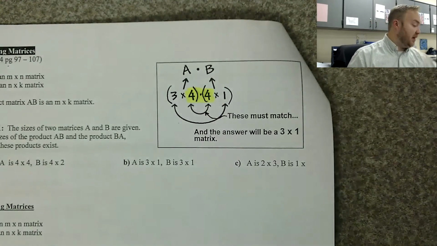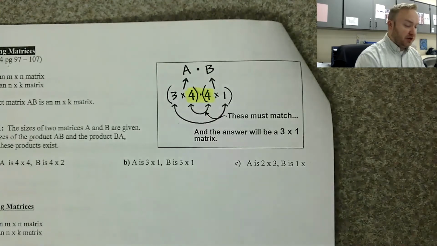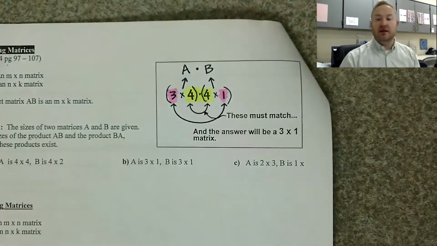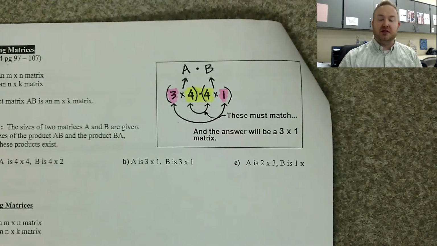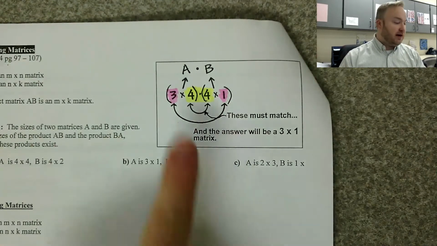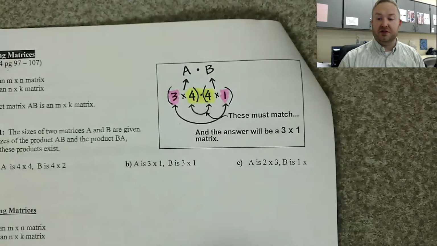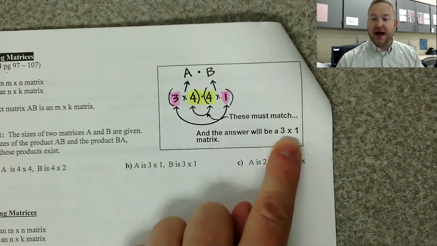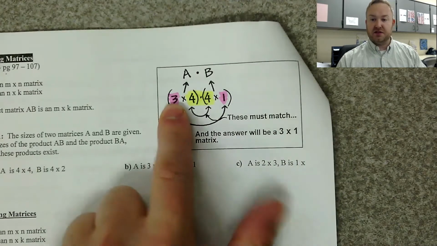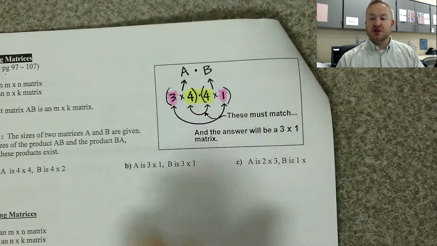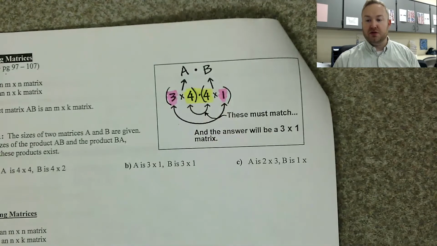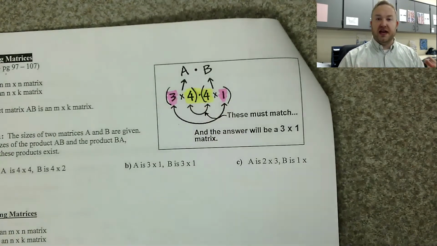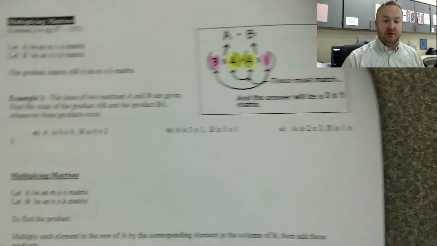The second thing is that the outer two numbers, this 3 and that 1, will tell you the dimensions of your answer. So I know when I multiply these two matrices together that my answer will be a 3x1 matrix because of this 3 and this 1. So my answer is going to have 3 rows and 1 column.